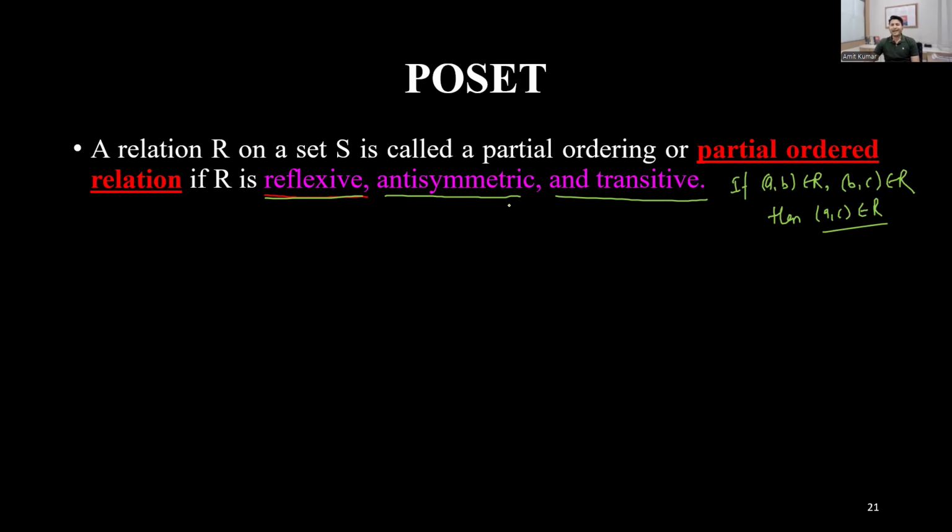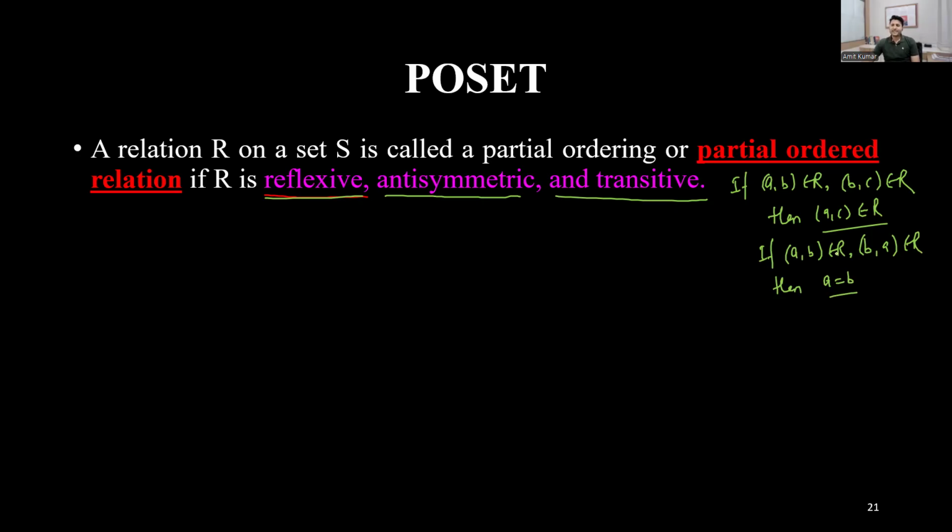At the same time, a relation is called antisymmetric if whenever (a, b) belongs to R and (b, a) belongs to R, then a and b must be the same element. Both of them are conditional relations.